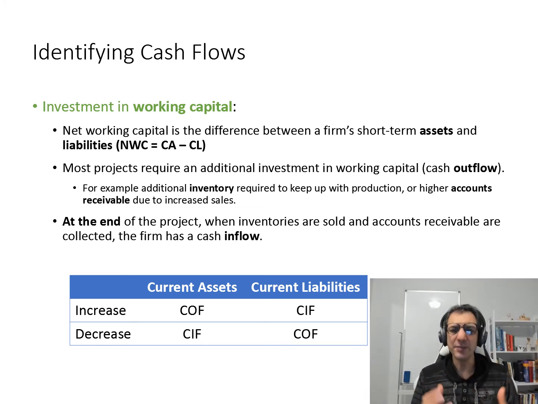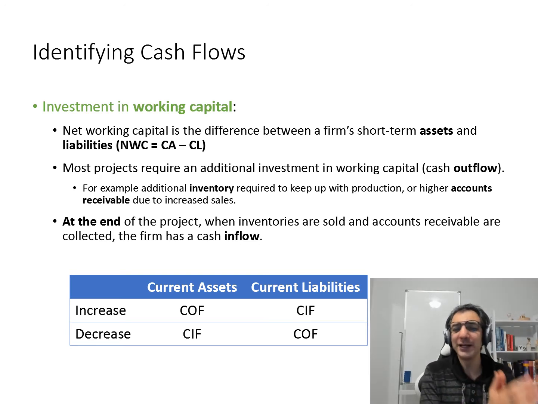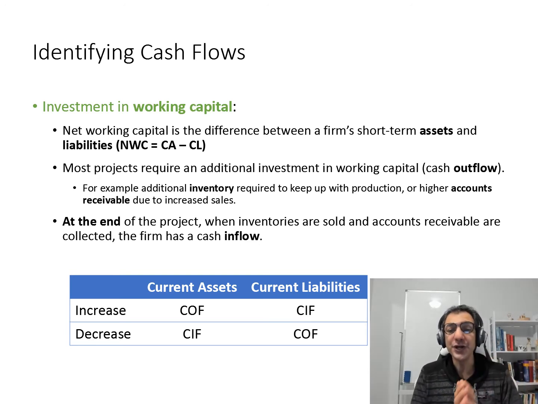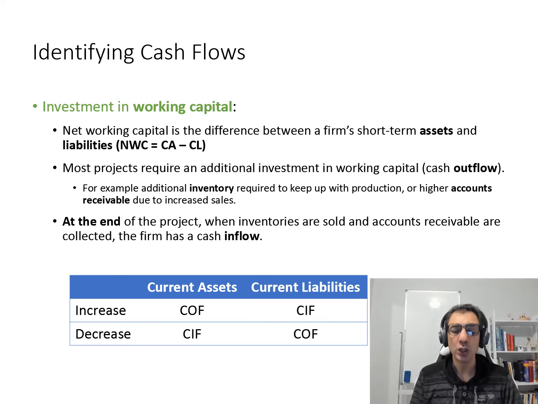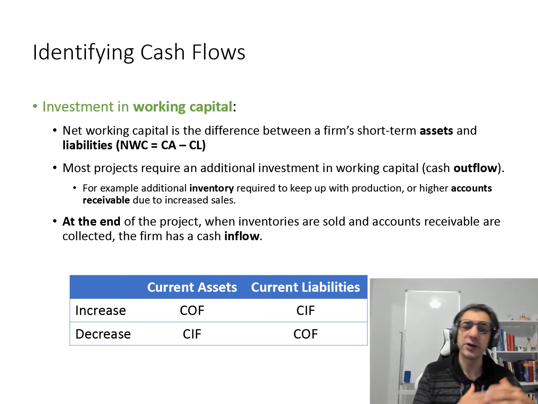But what does it mean? Very simply, working capital is your investment in current assets. If you hear the term net working capital, that's current assets minus current liabilities. So what does it mean? When you are investing in a project, most of the time you need to invest in current assets. So it impacts your current assets, and it also impacts current liabilities.